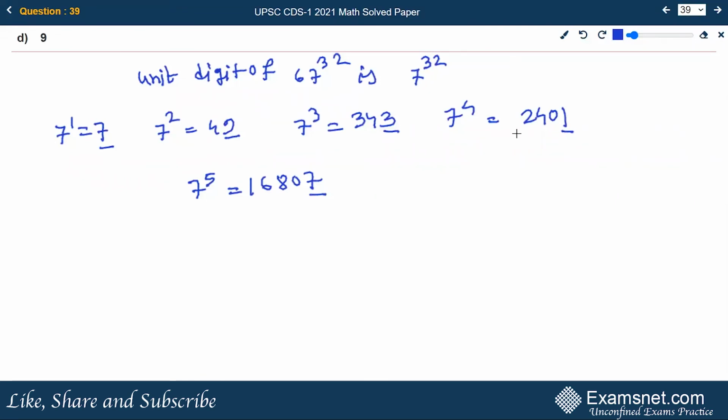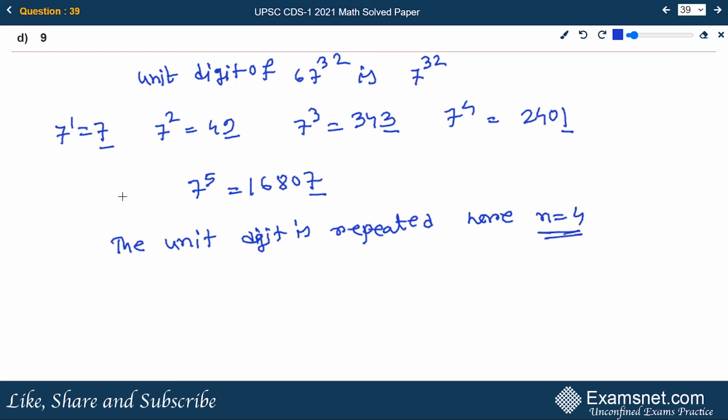So after 4 times the unit digit is repeated. After n equals to 4, I mean the cycle is 4. Every after 4, like 7 to the power 4, again 7 to the power 8, we will get the unit digit 1.